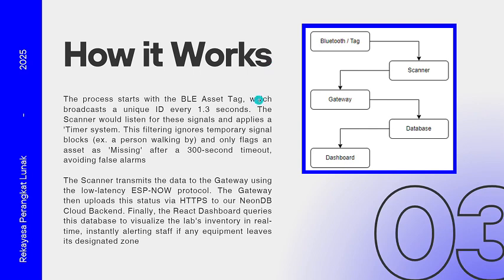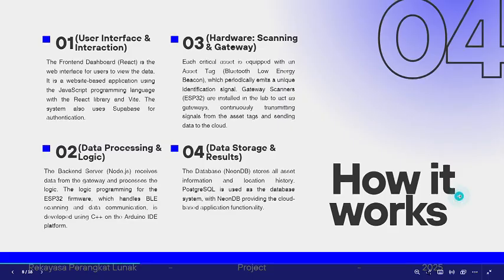The scanner would then listen for these signals and apply a timer system and a 300-second timeout. The scanner will find these Bluetooth tags and send them to the gateway, and the gateway will send the data to the database, which is then accessed by the dashboard.